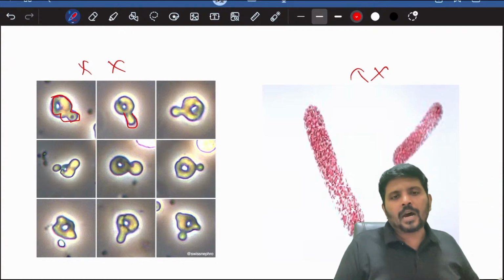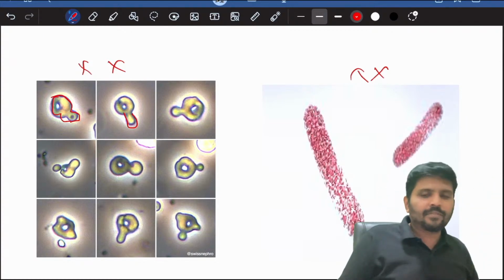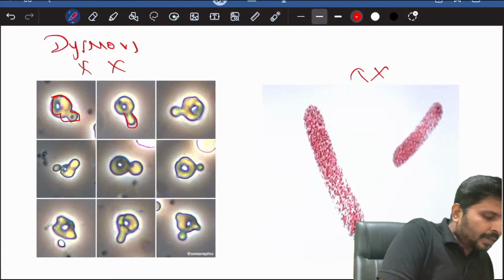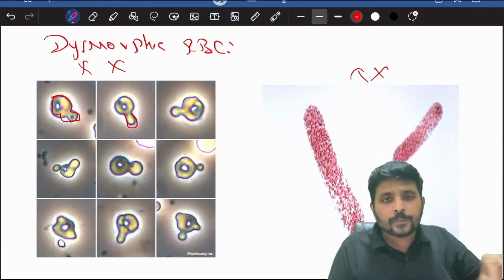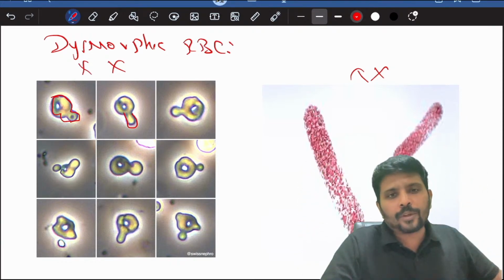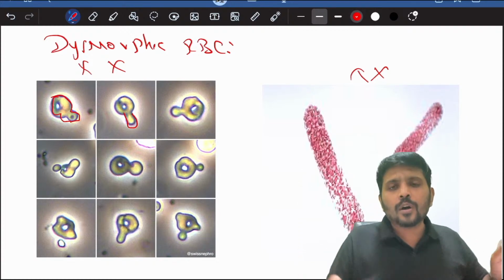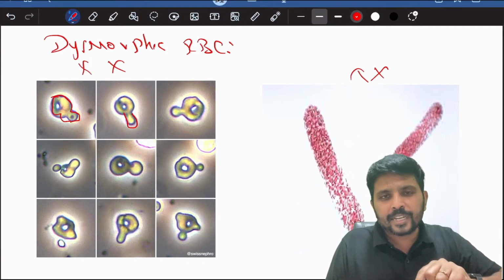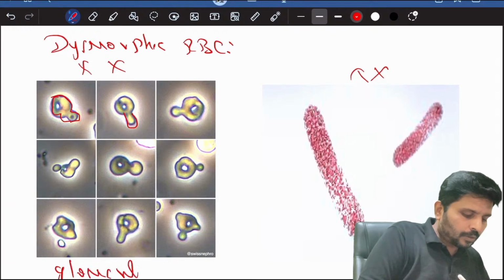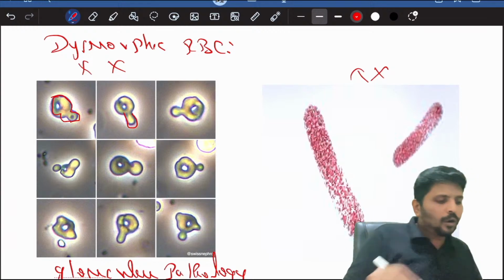RBCs with blebs are otherwise known as dysmorphic RBCs. Dysmorphic RBCs means the RBCs, while traveling through the diseased glomeruli, get deformed. So dysmorphic RBCs means glomerular pathology.